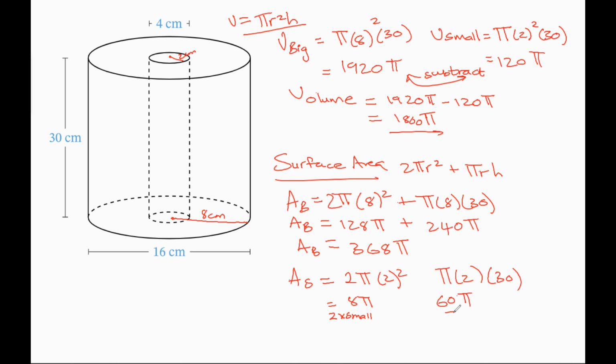This one here is inner cylinder, right there, inner cylinder, all right, which is 60 pi. So I need to add that. Let's make a note of this. I need to add that area to that, but I need to subtract this one because that's the holes at the top and the bottom.